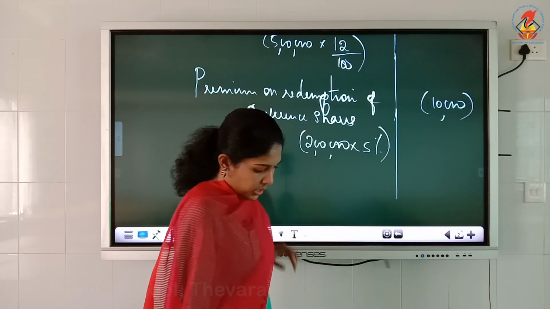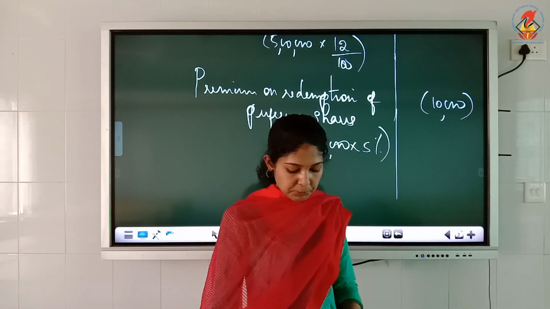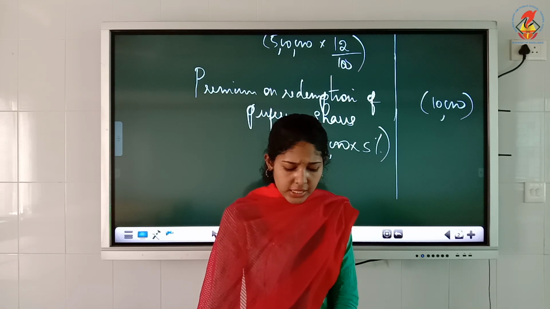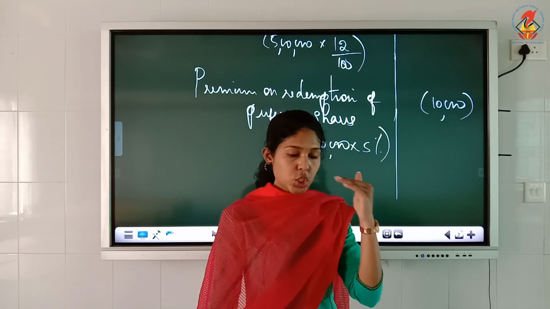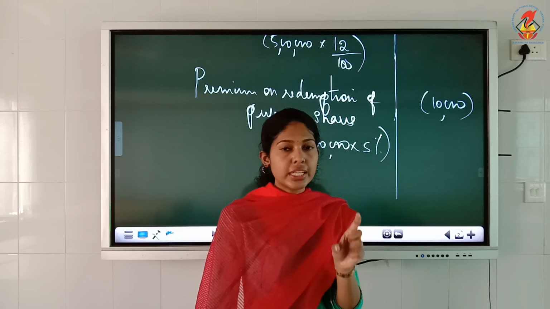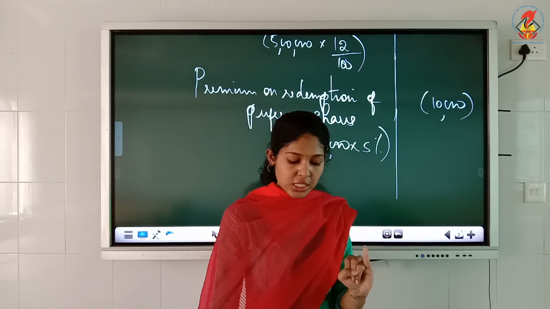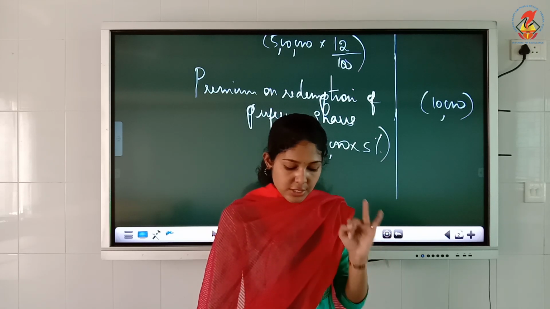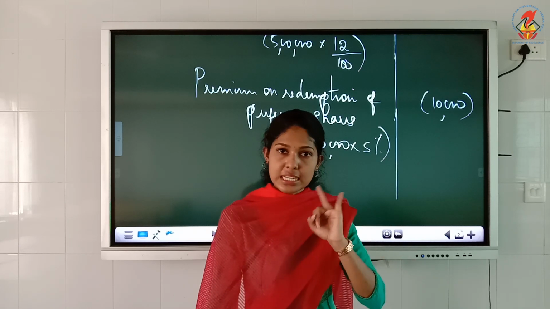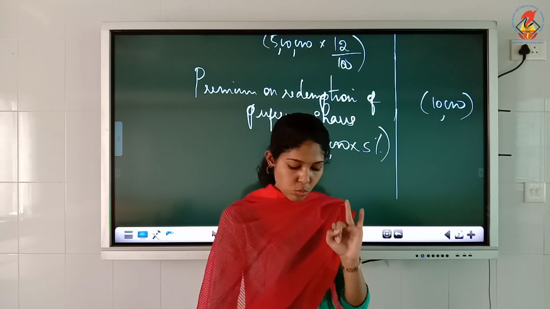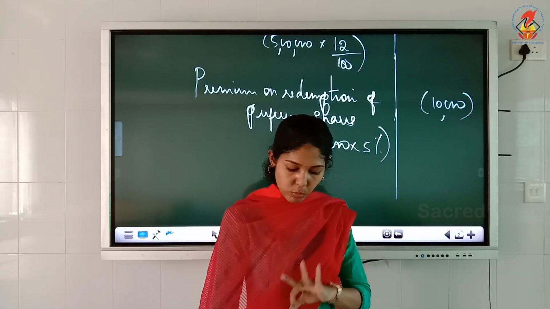So now adjustments are over. You just go through the balance sheet items once again, see whether we have considered every item. Equity share capital, yes, we considered. 12% preference share capital, redeemed value and the dividend we considered. SPR we considered.